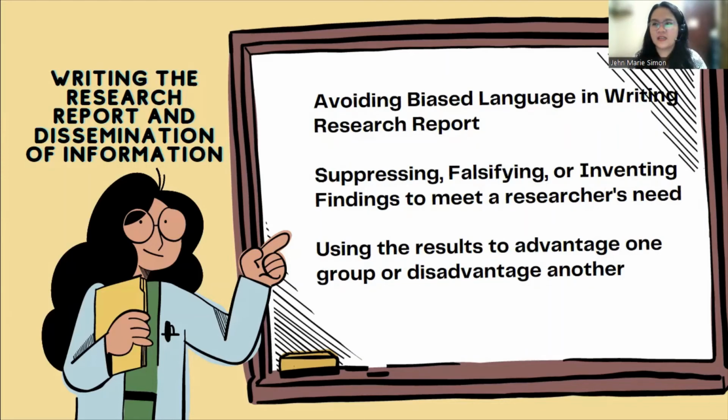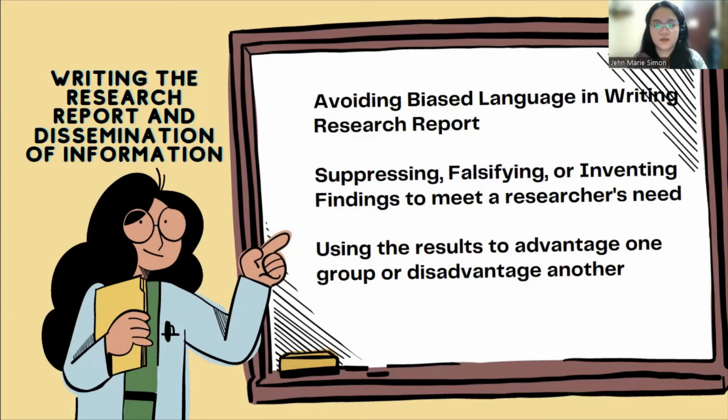So dahil ang naging result ng research mo ay against sa gusto mong lumabas, you manipulated the information, the data you gathered, and you falsify it to meet your research need para ma-meet yung expectation mo. So that is wrong. So hindi na lumabas yung totoong lumabas sa research mo. Kasi nga, finalsify mo na siya. Dinoctor mo na siya. So that's wrong.